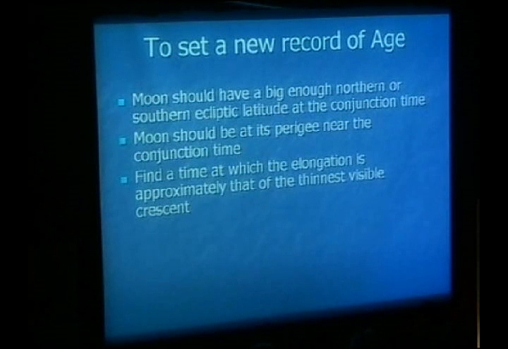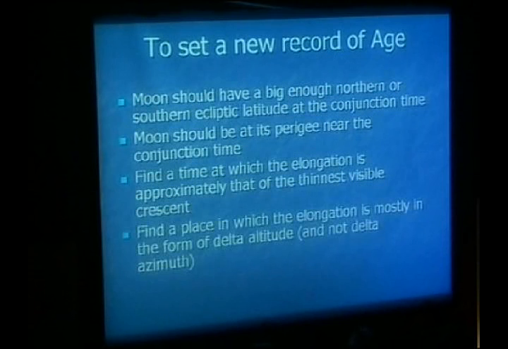That depends on when the observer is going to set his record. And the observer should find a place in which the elongation is mostly in the form of delta altitude, because delta azimuth will not help us much. If all the elongation is delta altitude, that's really better, because you can sight the moon in those layers of atmosphere which are thinner.